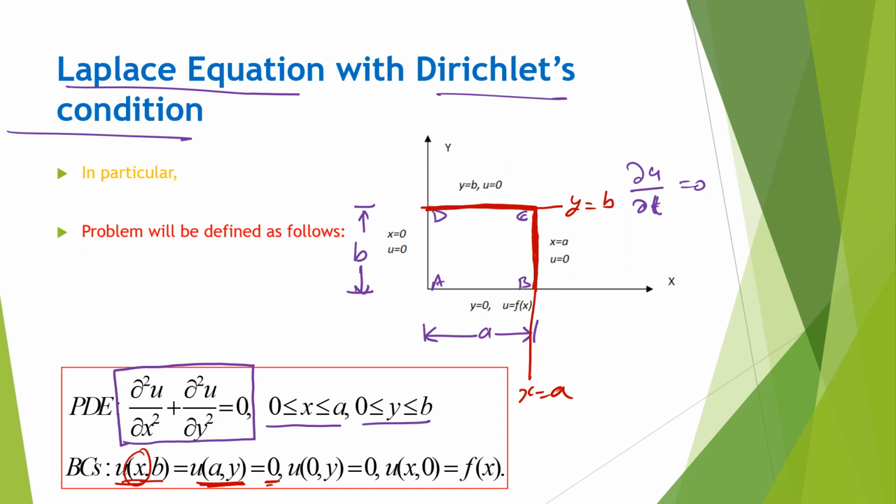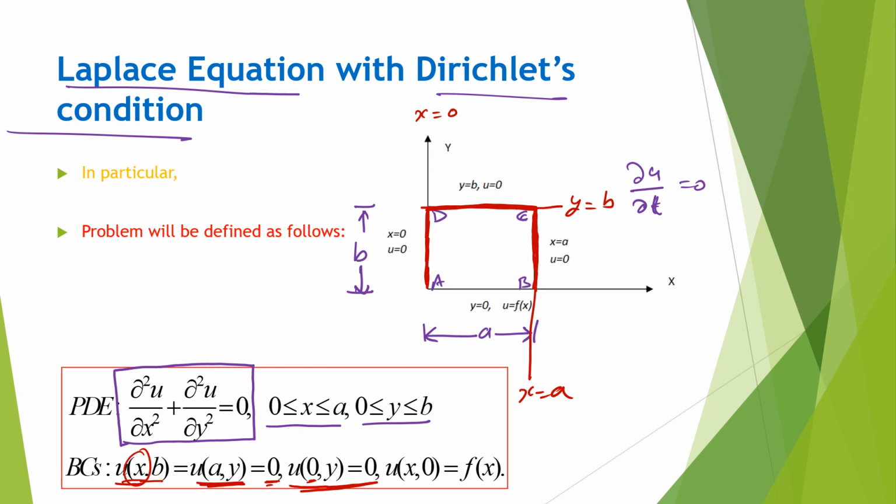Now when we consider x equal to 0, u(0, y) is 0. Over here, the y-axis is x equal to 0. So this side of the plate is again at temperature 0.